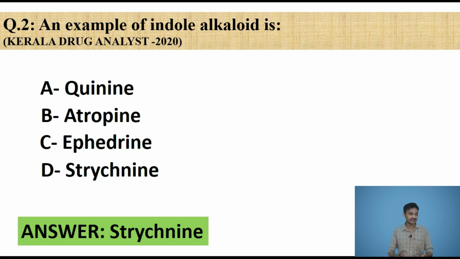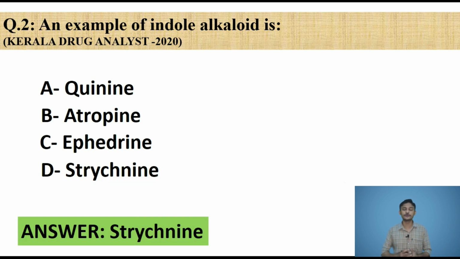Here the question was regarding indole alkaloid. Examples of drugs coming under indole alkaloids are Vinca, Ergot, Nux vomica, then Rauwolfia. Vinca contains vincristine and vinblastine as alkaloids. Then Rauwolfia, reserpine, ergotamine and ergometrine, and Nux vomica, strychnine and brucine.